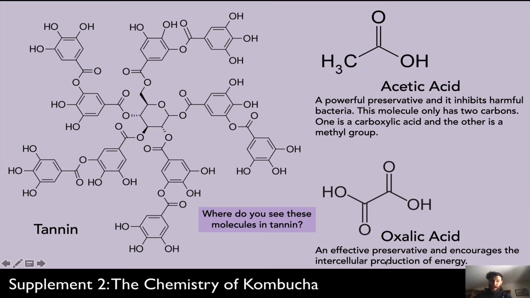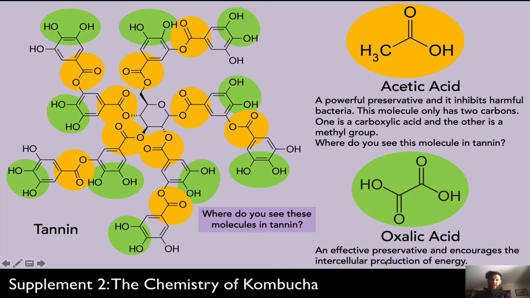Most bacteria, besides the stuff in the kombucha, do not really like oxalic acid, but it is an acid that is produced in a metabolic chain in your cells. So it's been shown to encourage intracellular production of energy because of that. I'm not going to go into that in detail now, but these are a couple of the acids.